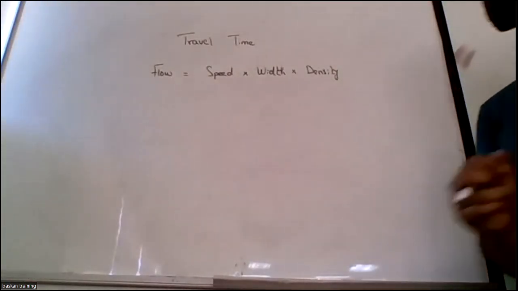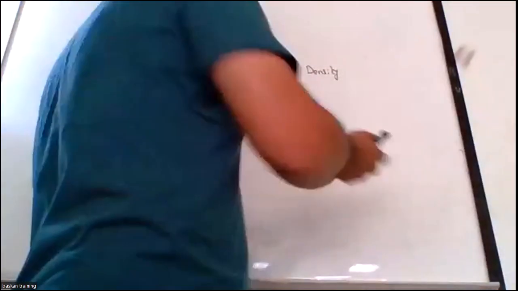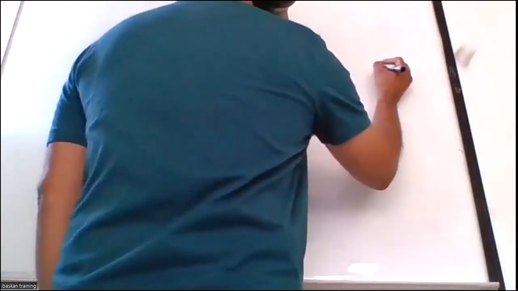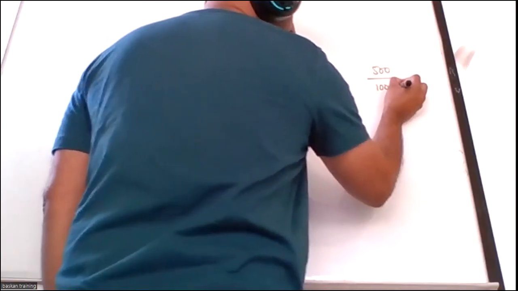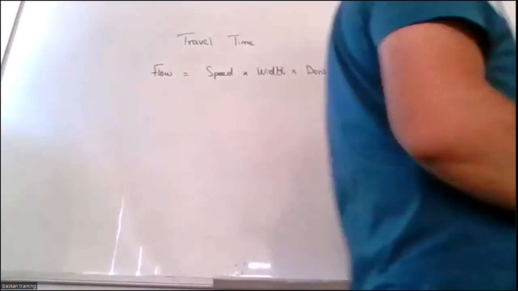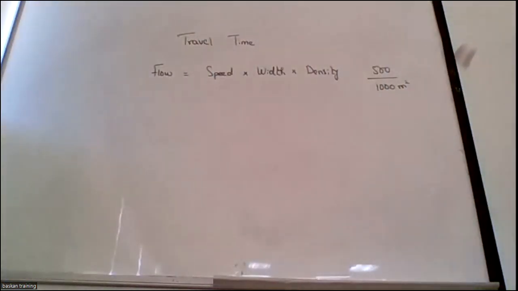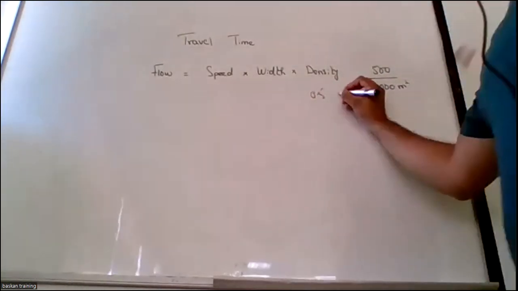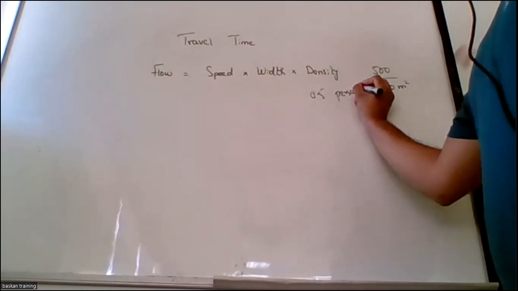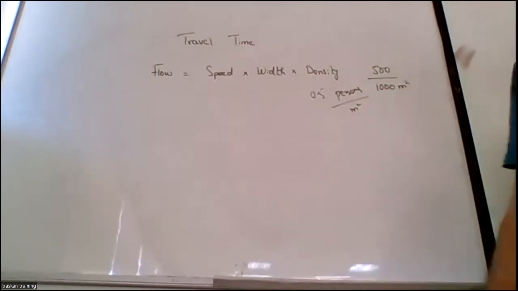For example, if I have 500 people over 1000 square meters of area, what will be the density? It's going to be 0.5 persons per square meter.